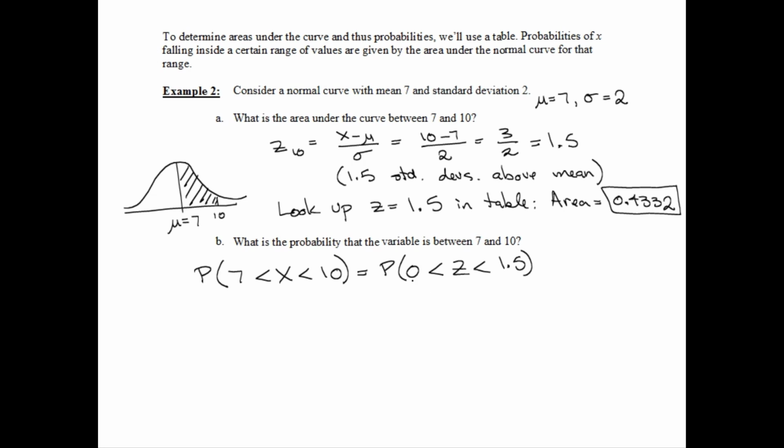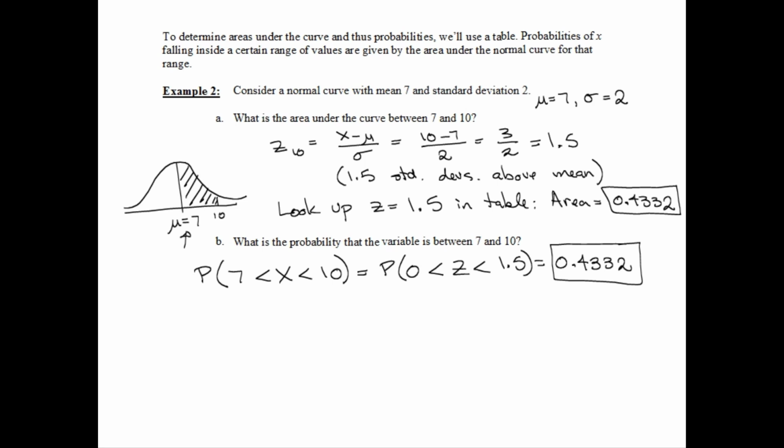What does a z of 0 mean? That means I'm exactly right on the mean, which is 7. So this is going to be equal to that same area, 0.4332. Every time we find an area under the normal curve, we are finding a corresponding probability.